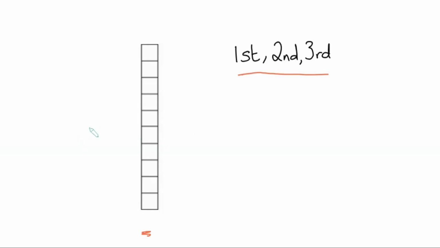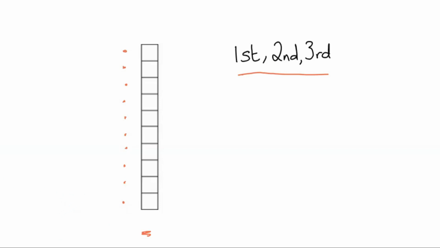So the first thing is we need to find out how many blocks we have on the screen. Okay, so would you like to count with me? Cool, here we go. 1, 2, 3, 4, 5, 6, 7, 8, 9, and 10. Absolutely fantastic. We've got 10 blocks on the screen.